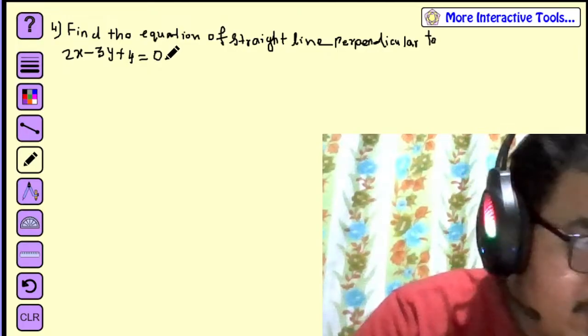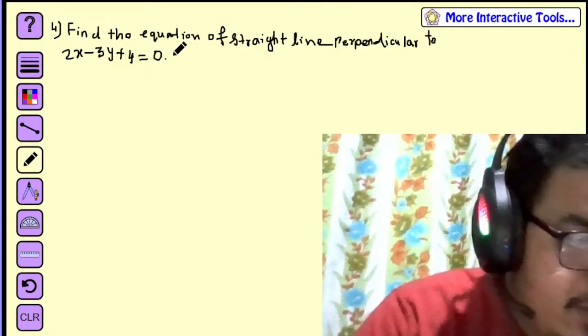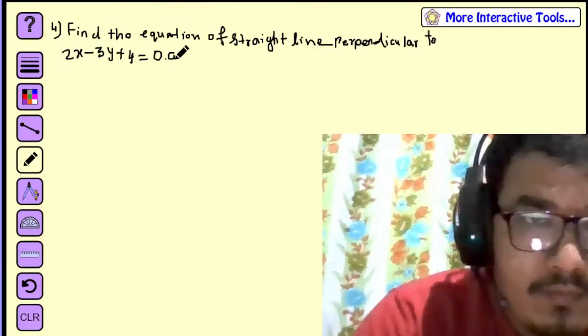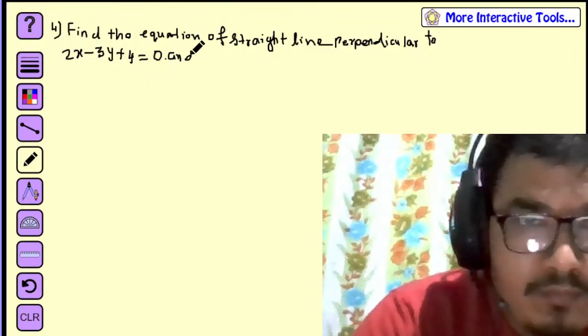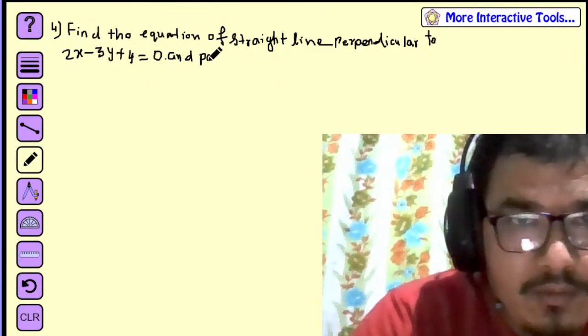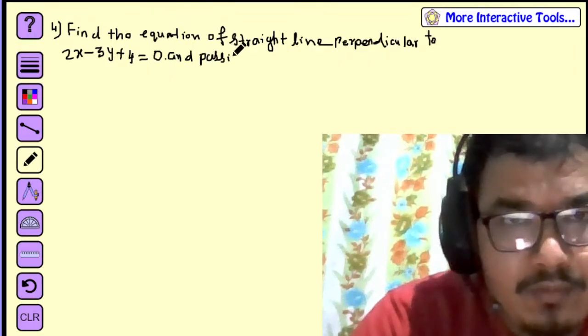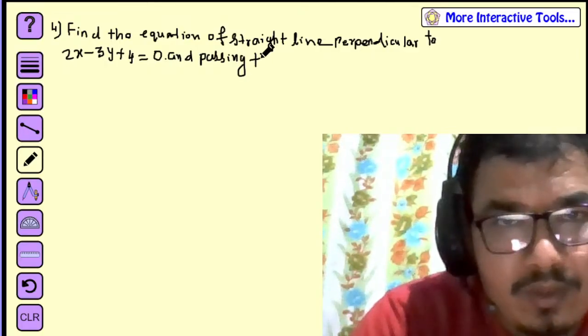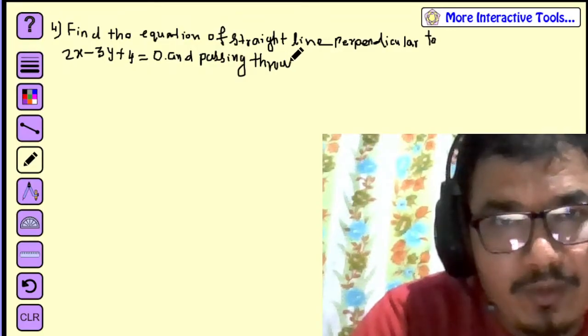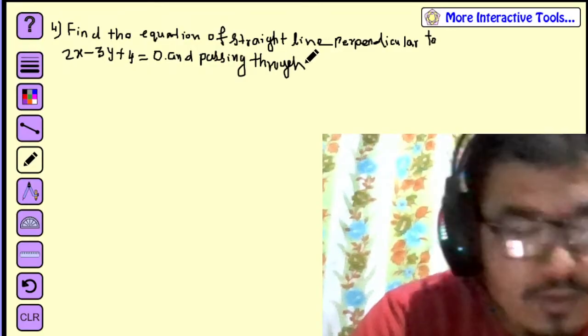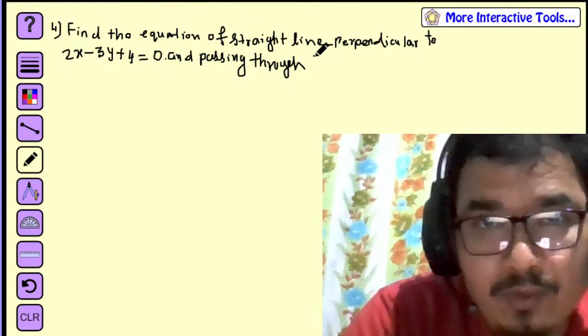Okay, this is the equation, and passing through, not the line here, passing through the point.